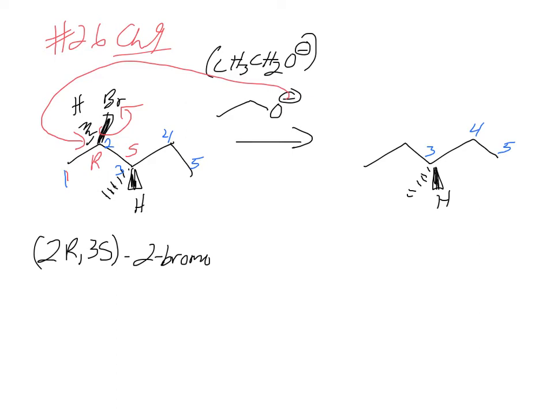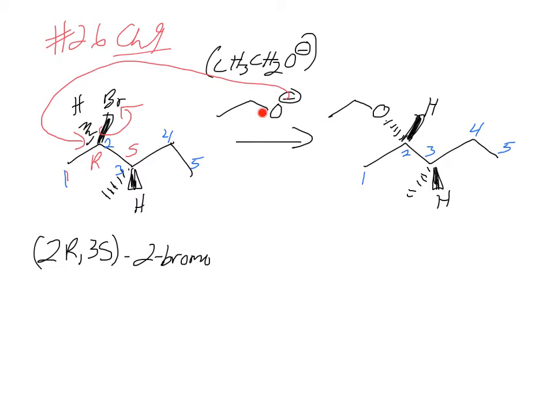Don't mess with it. 2 and 1, and what do we want to be wedged right now? Coming at us should be what? The hydrogen. Very good. And coming away from us should be the ethoxide, the ether part. Notice, one thing people want to do is break this bond for some reason. I never understood that.